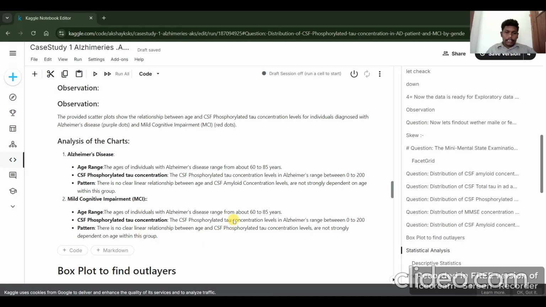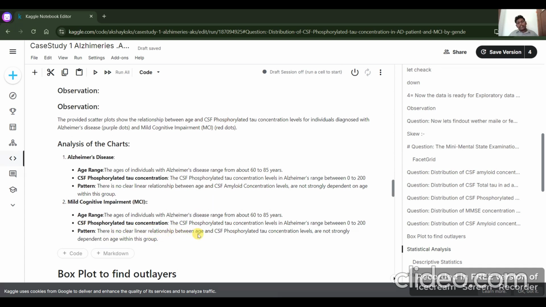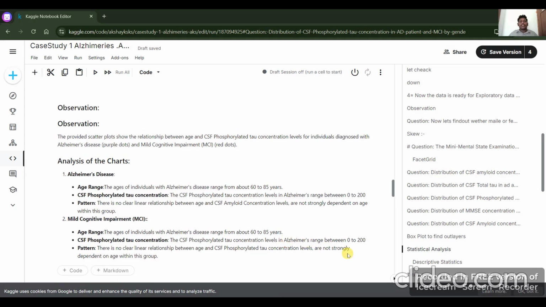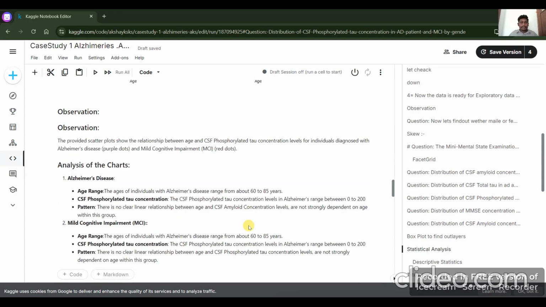Then MCI is 60 to 85, and 0 to 200 concentration. In the 0 to 200 range, there is no clear linear relationship between age and CSF phosphorylated tau concentration level, and they are not strongly dependent on age within this group.